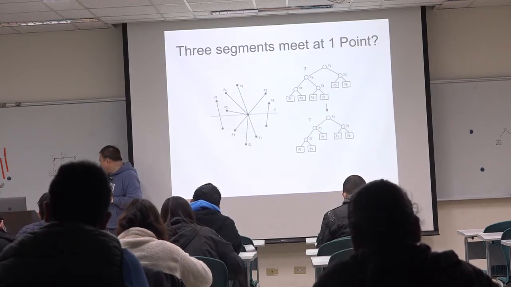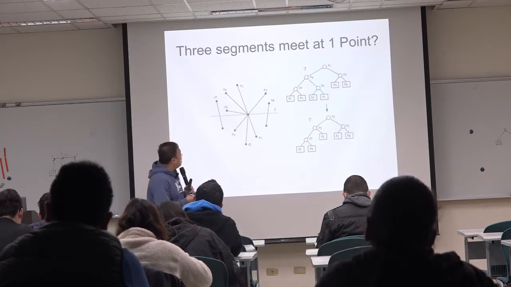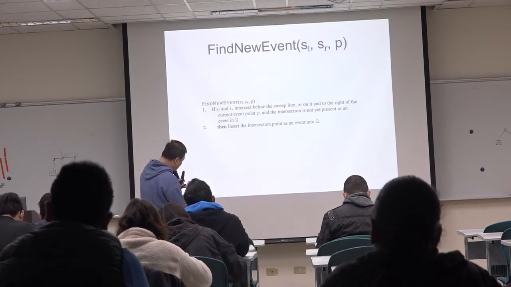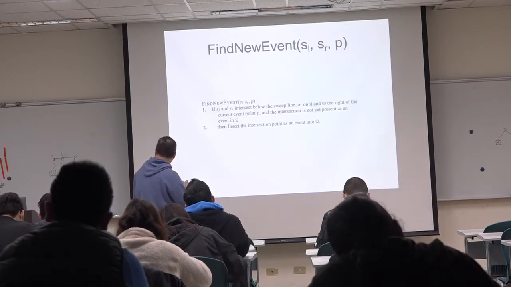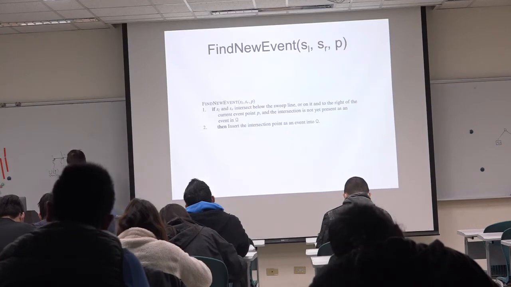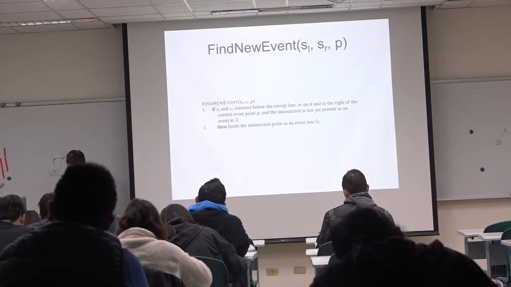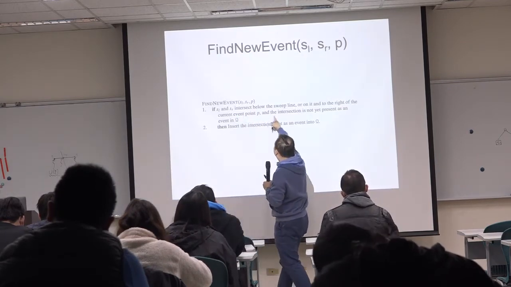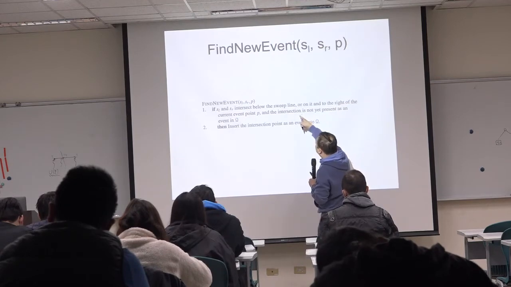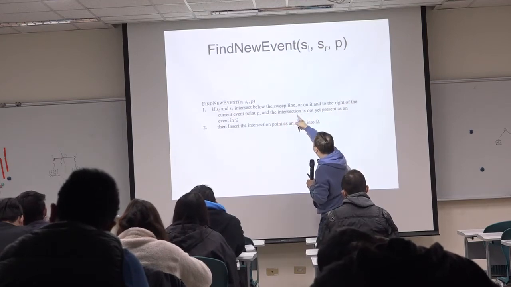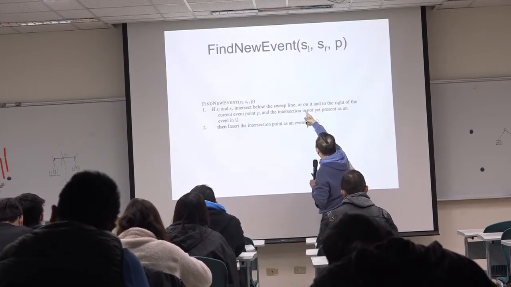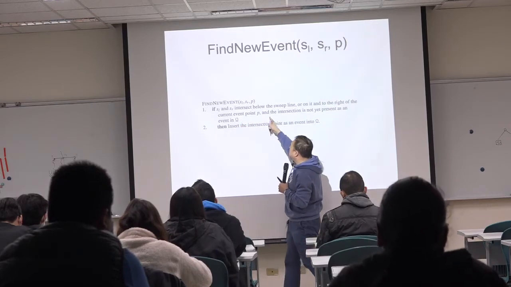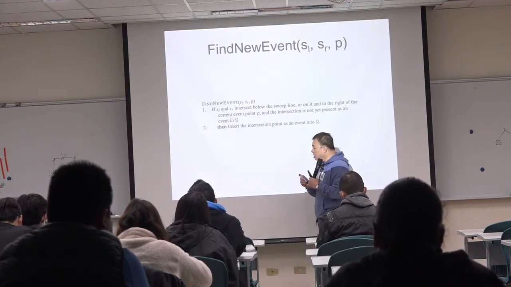This is the exact case why we need to provide the P here. Let's say this is a P. We need to find the intersection on it or to the right of the current event point P, which is this point.